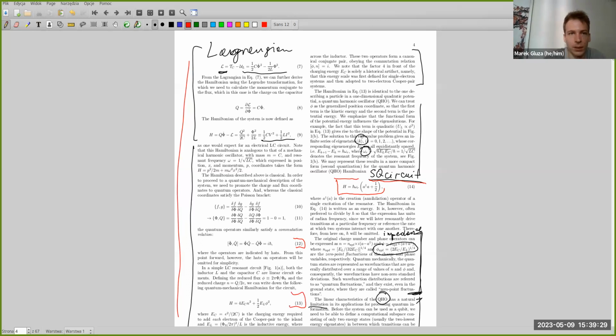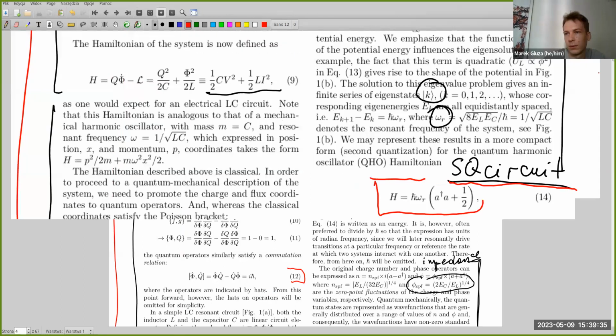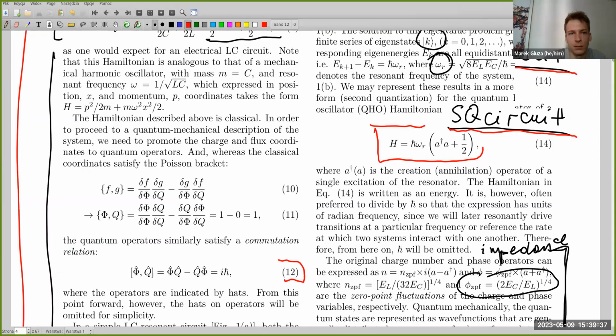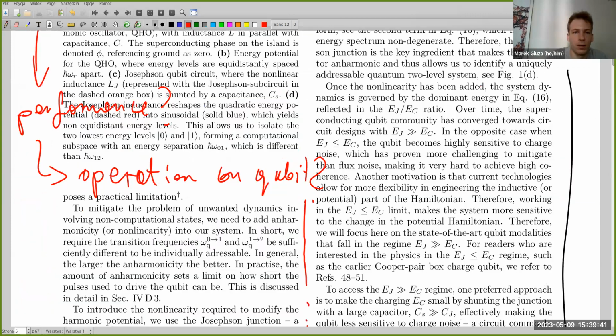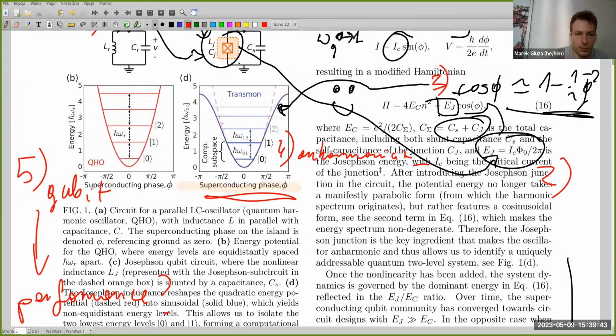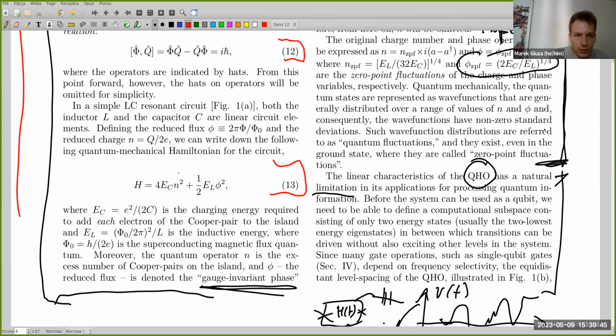So for example, here, let me zoom in. It's not so important to know all the details of this, but here we need to be able to read off that if I quantize this, then this would be my a p squared plus b x squared harmonic oscillator.